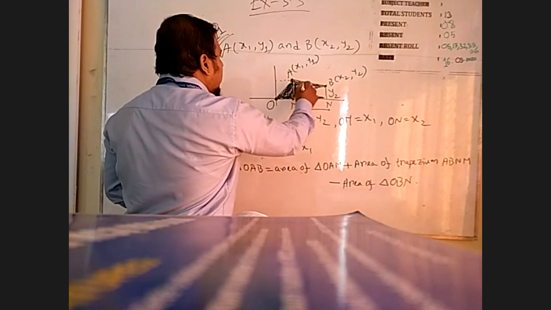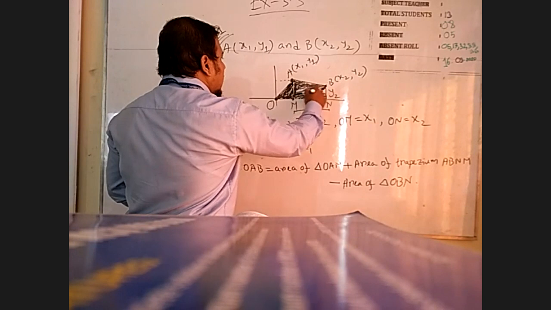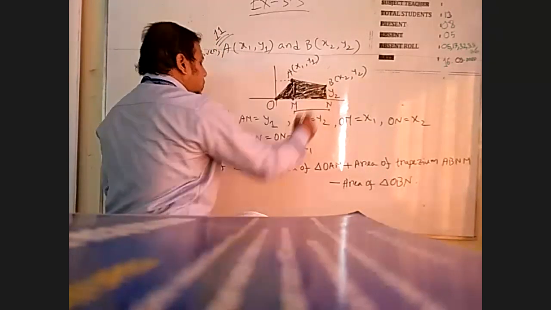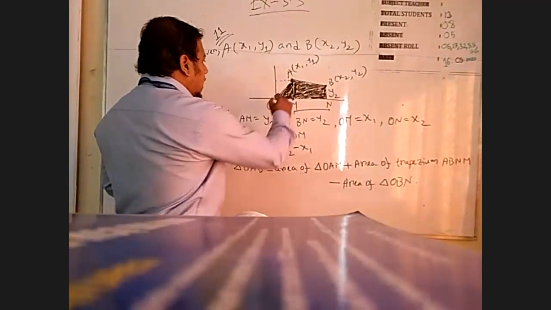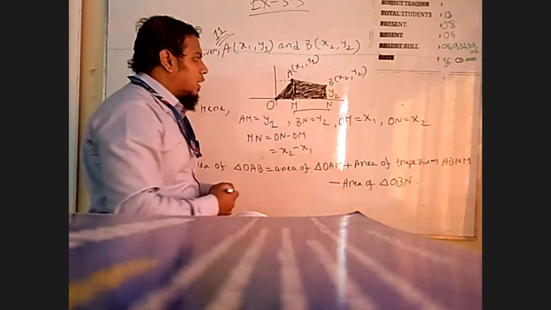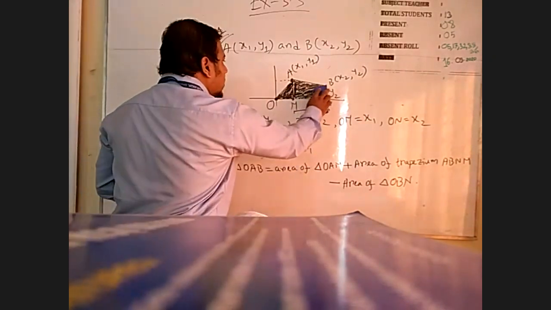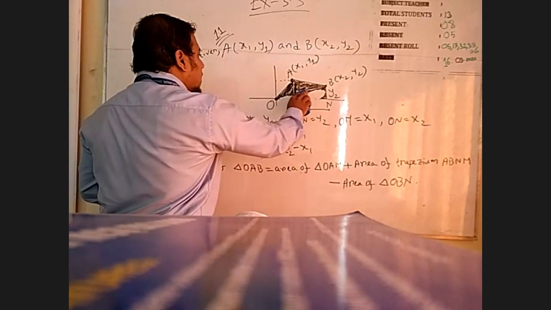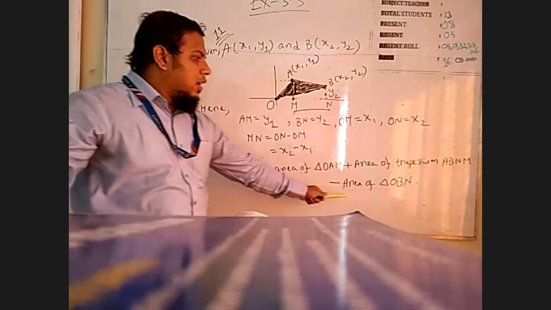So that means it is covering all the figure, but we need only triangle OAB. So if we subtract the triangle OBN from the sum, then we will get OAB. Okay, hopefully you can understand the line now.